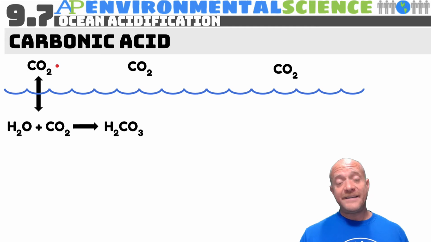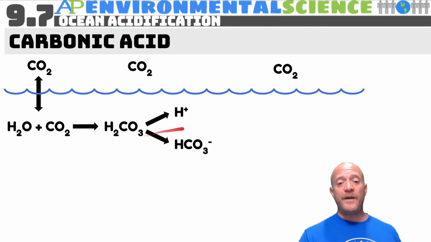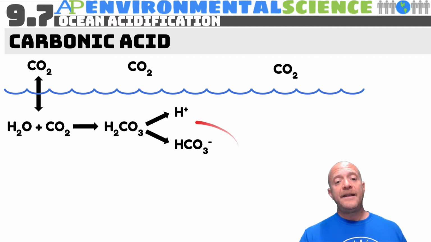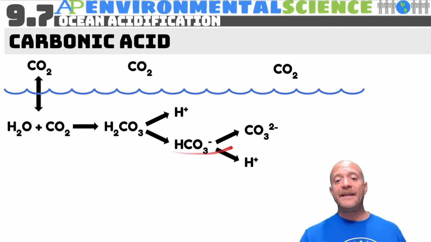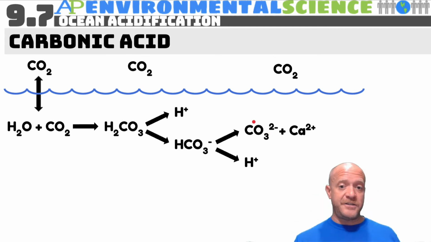So carbonic acid is actually necessary to have in the ocean because it will release an H plus and leave us with bicarbonate. Now, bicarbonate doesn't really do us much good until it releases another H plus and gives us carbonate. Once you have carbonate, that carbonate is free to bind with calcium, which is a positive ion. This carbonate is CO3 with the -2 charge. This calcium is Ca with the +2 charge.